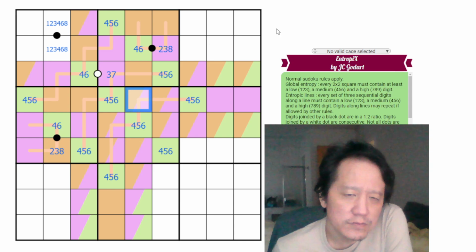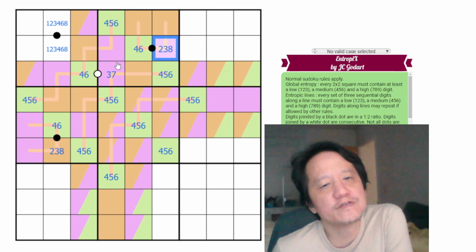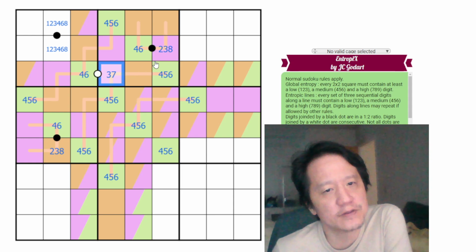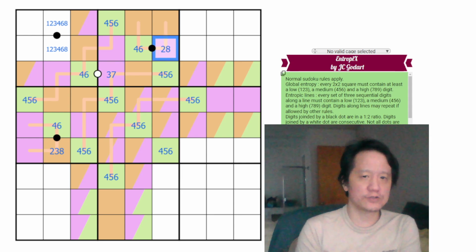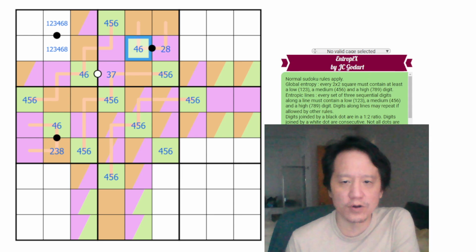Oh, interesting. This specific one has to be 2, I believe, or 8, right? If this was 3, this would have to be 2. If this was 7, this would have to be 8. And those are the only possibilities it could be. So this is 2 or 8, so this has to be 4.